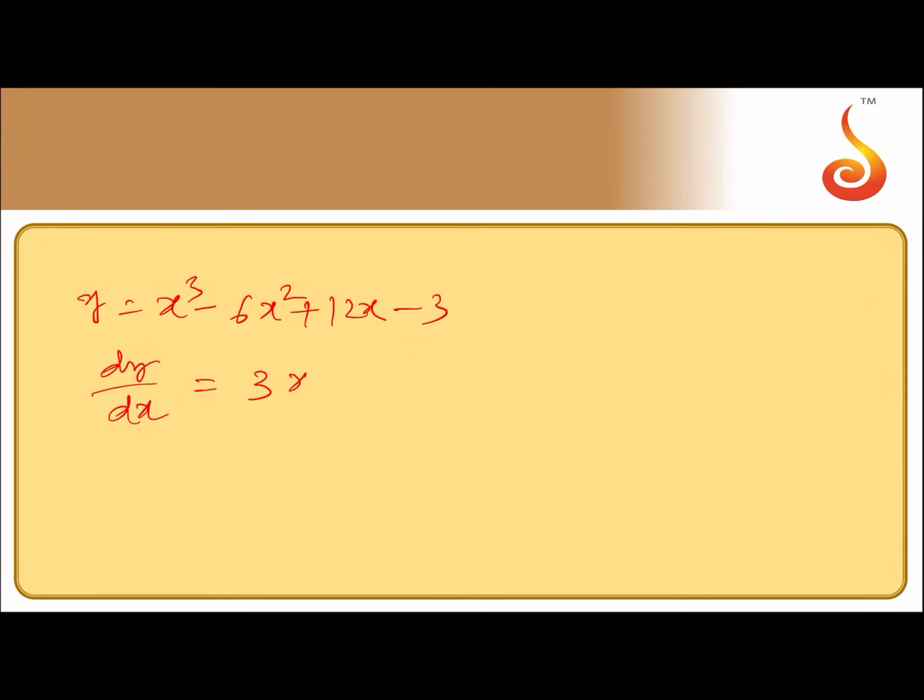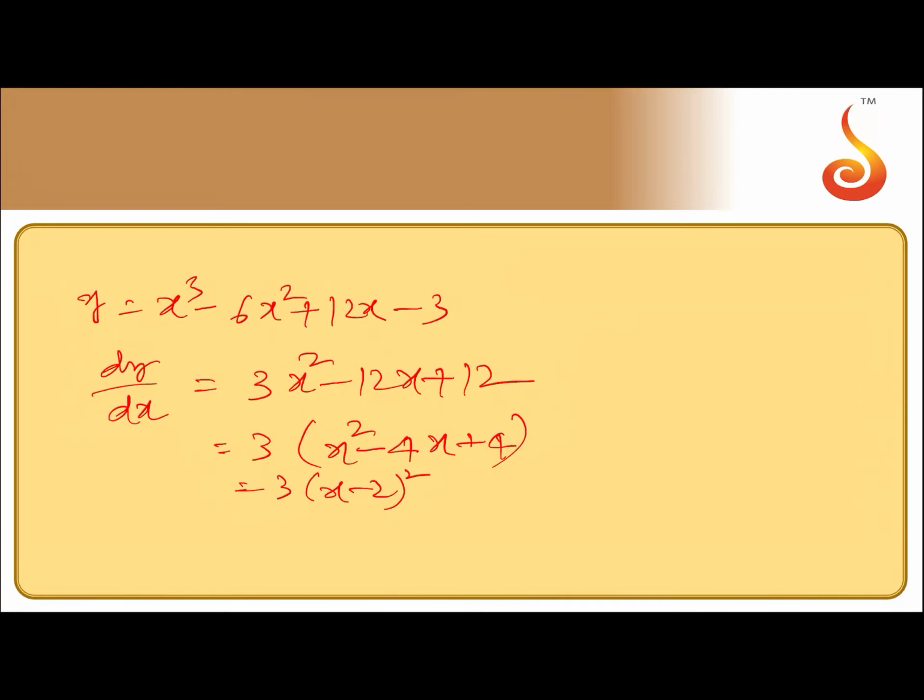The derivative is 3x square minus 12x plus 12. Take out 3 common: x square minus 4x plus 4. Isn't it 3 times (x minus 2) whole square?